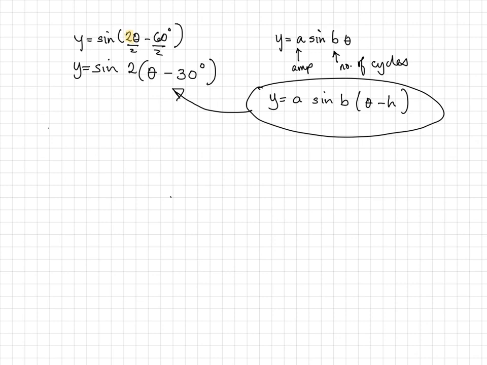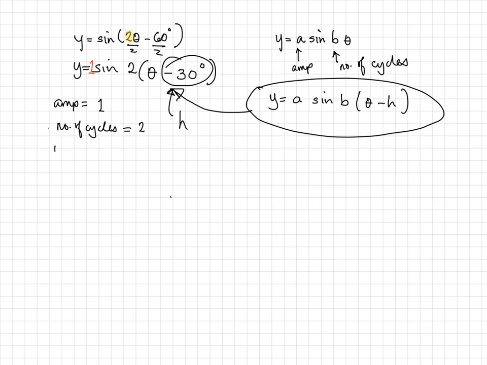Okay, so our A, or our amplitude, is equal to 1, because again we have an invisible 1 on the side, and we have our number of cycles equal to 2. Then this minus 30 here, this is our h.